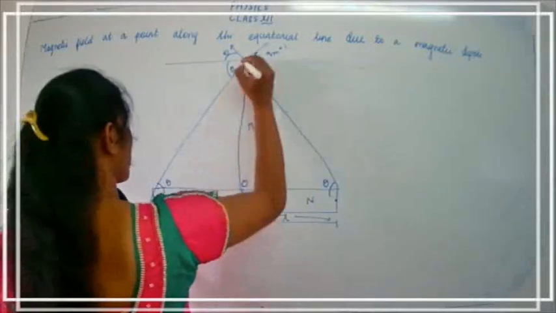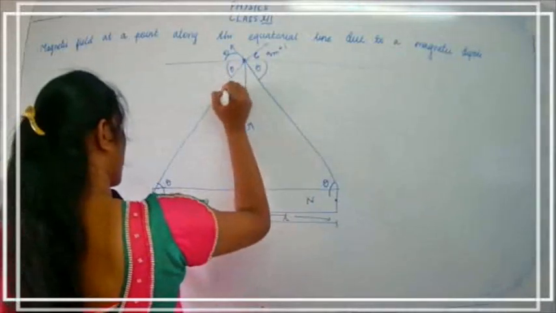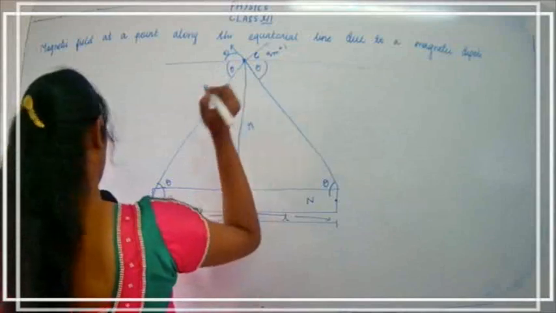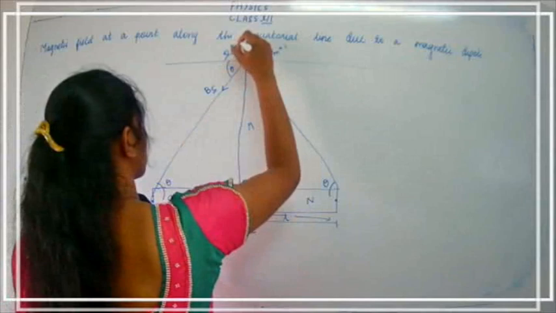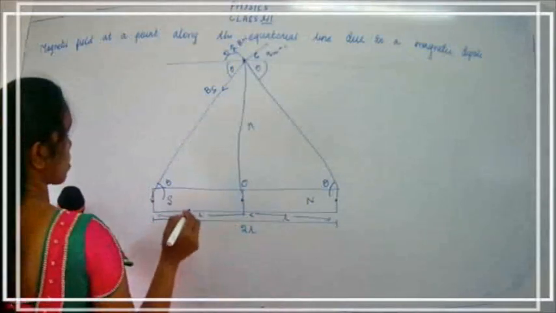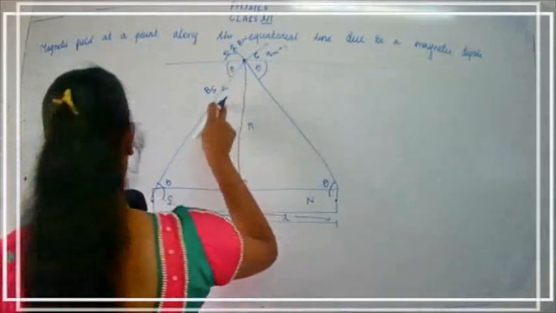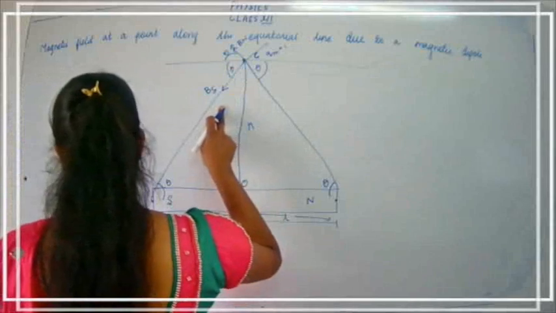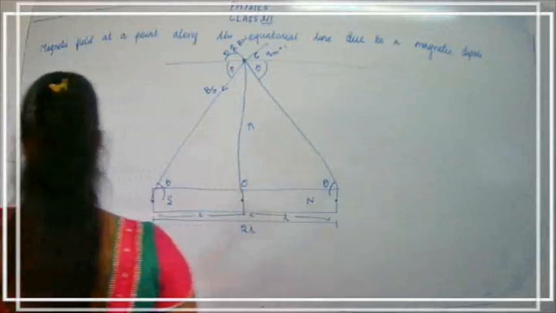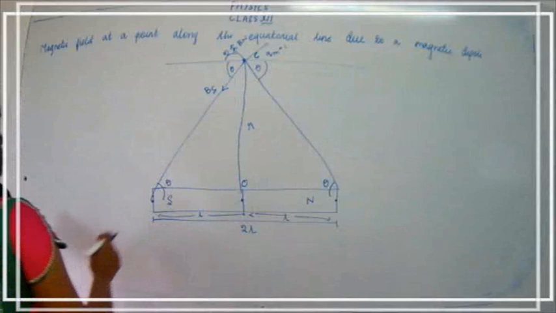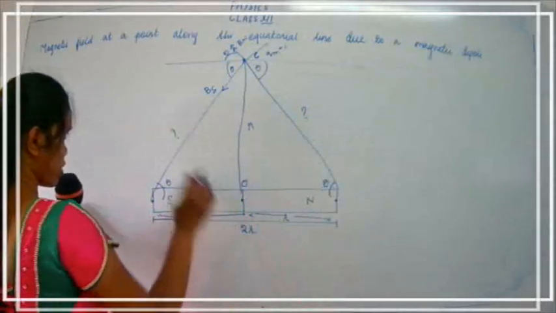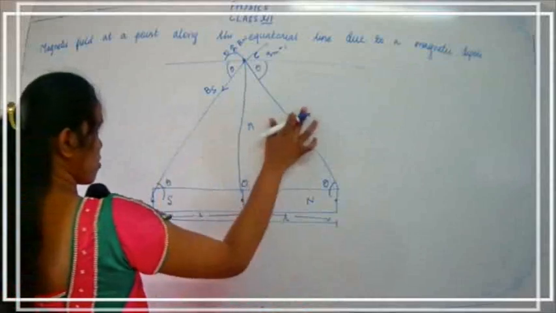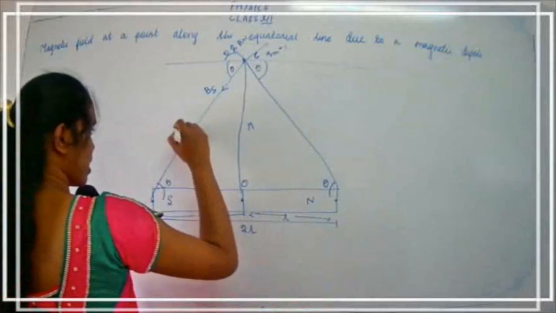At this point, the magnetic field acts like this: south is this and north is this. Here repulsion and attraction take place. Now this distance we are going to find. For finding it, we name it R dash.